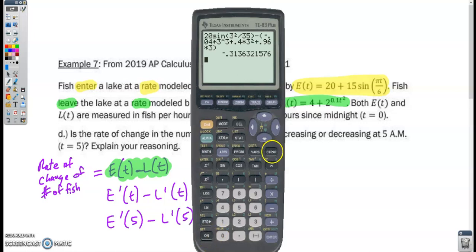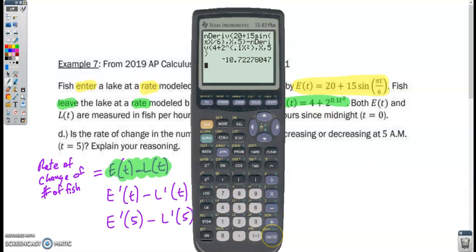We are going to take the numerical derivative of 20 plus 15 sine of pi x over 6, close the sine, with respect to x at 5, minus the derivative, and again I can just use nDeriv, minus nDeriv of 4 plus 2 to the 0.1 x squared with respect to x, again at time 5.